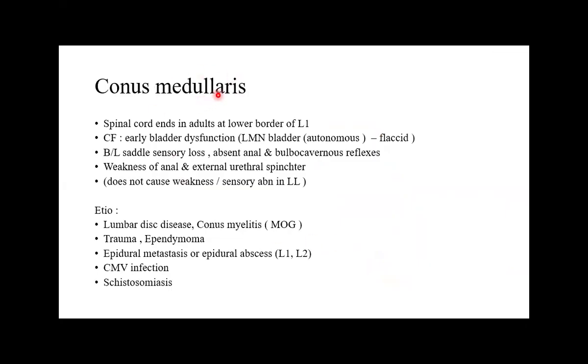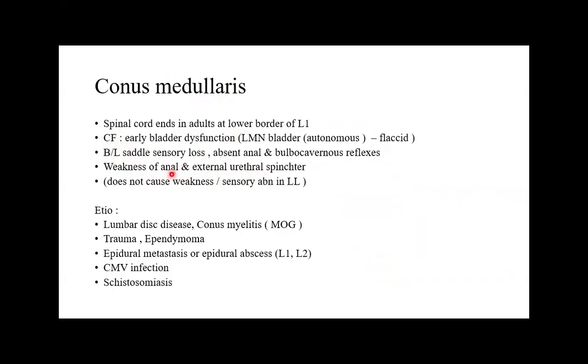So in conus medullaris, the spinal cord ends in adults at the lower border of L1, and we know the function is parasympathetic output for bladder and bowel, and also the pudendal output for the innervation of sphincters and the perineal muscles. So clinical features, they will have early bladder dysfunction.